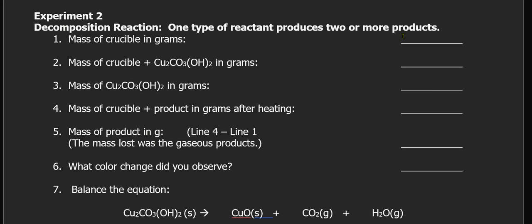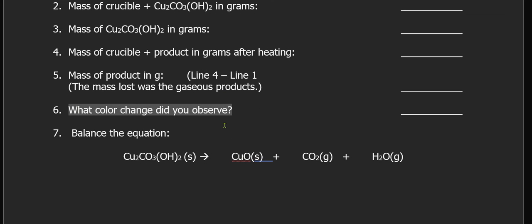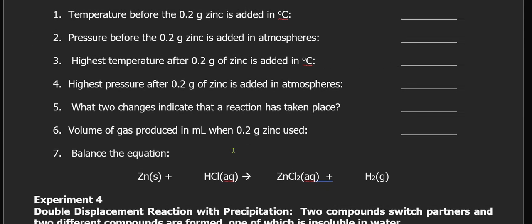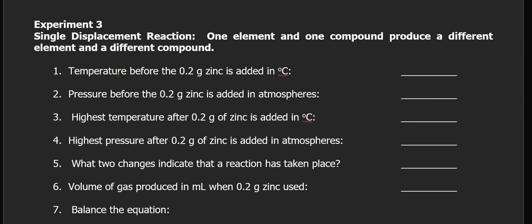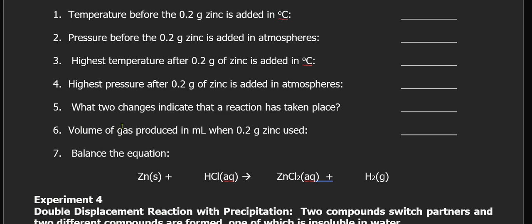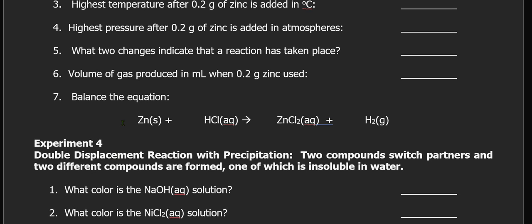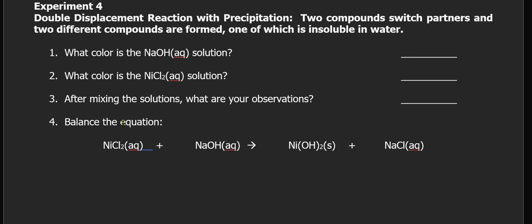So you're taking quantitative data measurements, and you're also taking some qualitative observations. And then balancing, and same thing for all of these. Notice that you are taking temperature for certain things, pressure, so a variety of different measurements here.